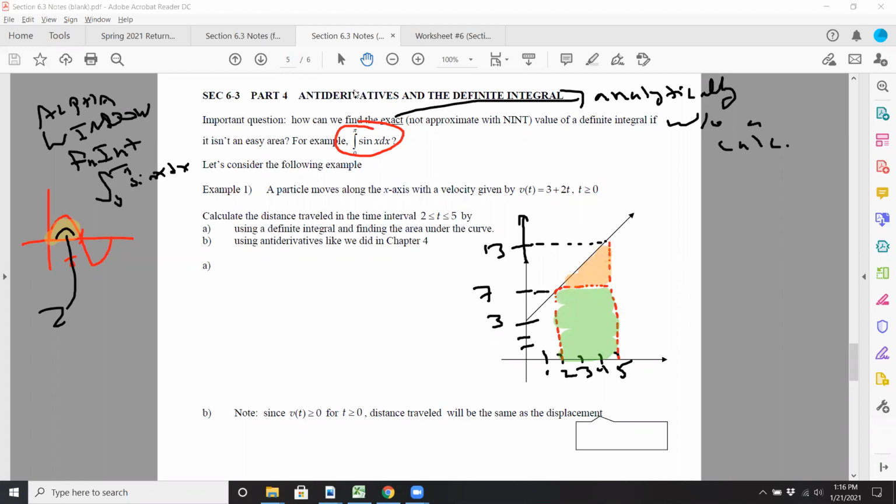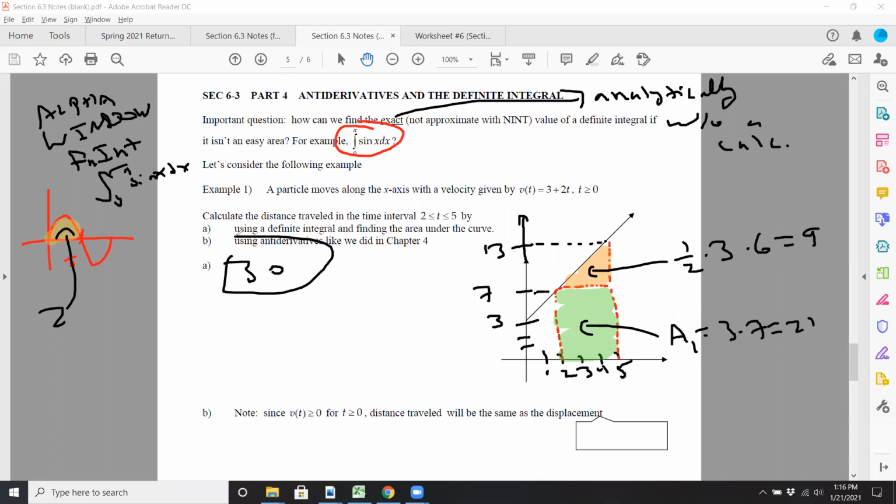If I want to find those areas, pretty simple. I'll call this A1, which will be 3 times 7, or 21. This one here will be 1/2 times 3 times 6, so it'll be 9. So the answer is going to be 30.